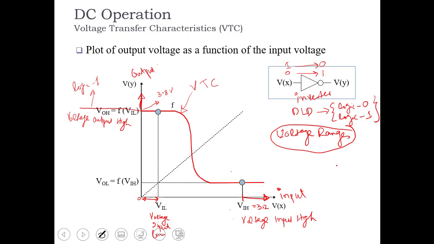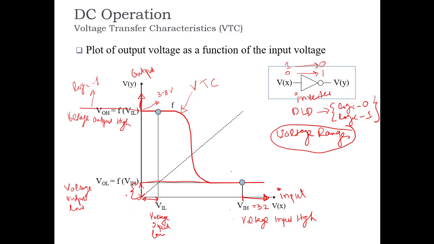For this, my NOT gate will produce an output in this range, which is VOL, which means voltage output low. So it will produce an output between 0 and VOL.